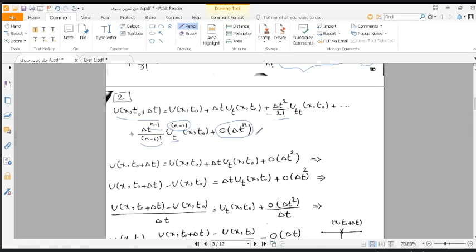Is it okay? O of delta tn, and I write u n minus 1. When we write delta t power n plus 1, we should write u n with respect to t. Is it okay?